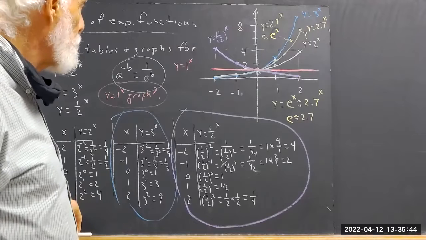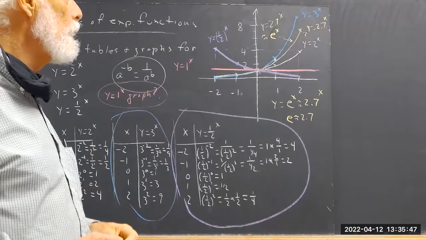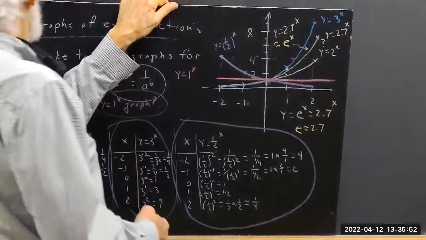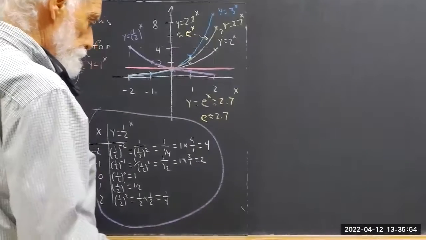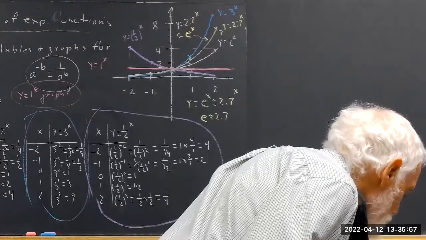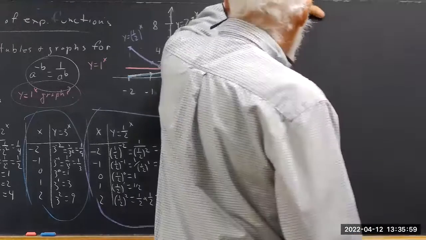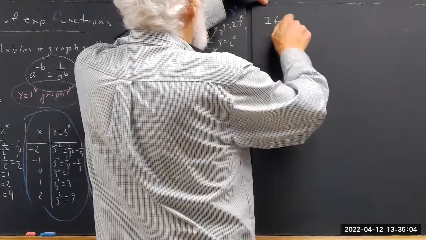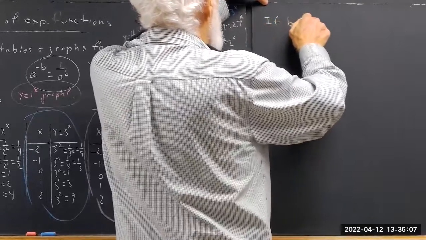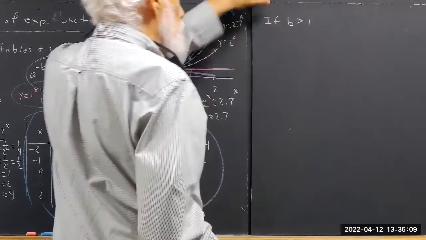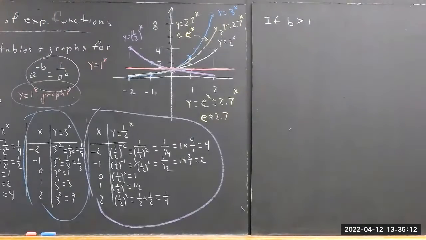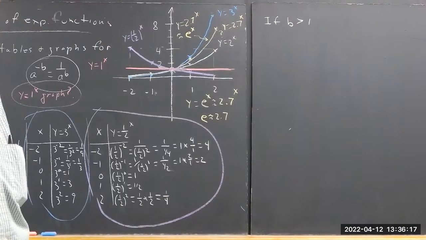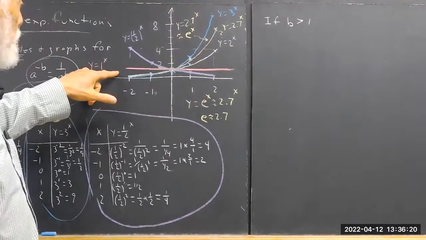So we can say several things. Let's start saying. So we can see that first of all, if b is greater than 1, the graph is concave up, isn't it? Because it doesn't get flat until b equals 1.